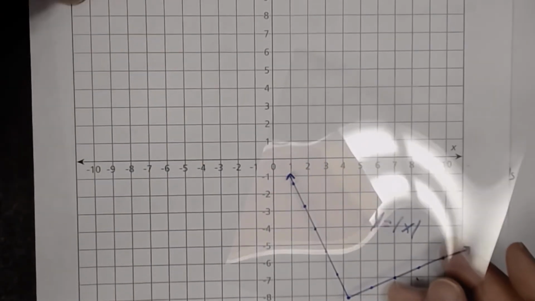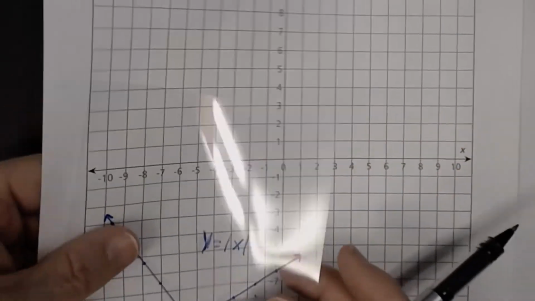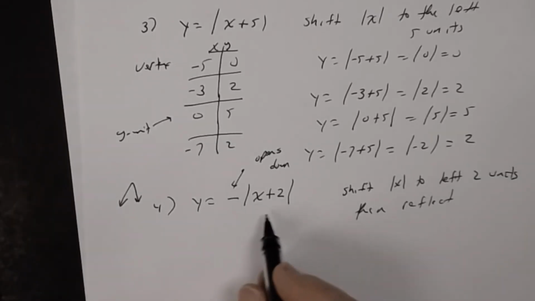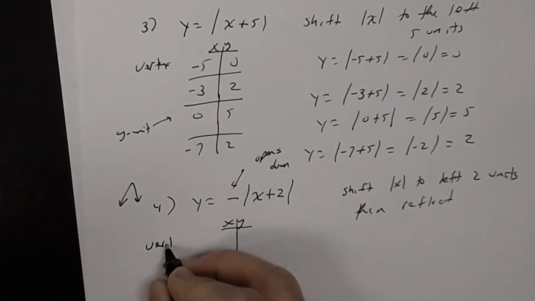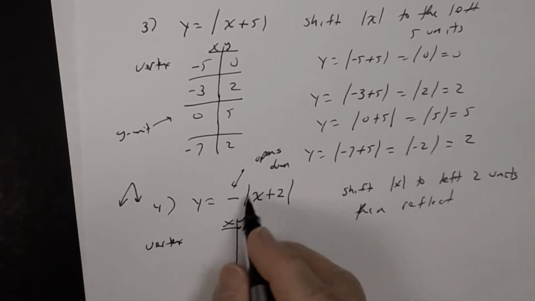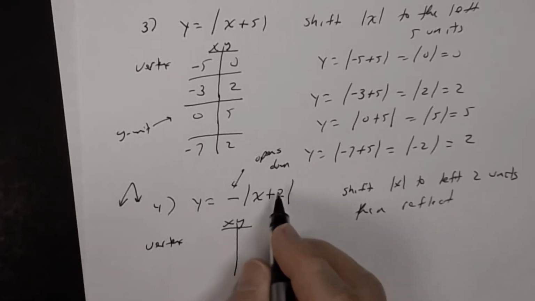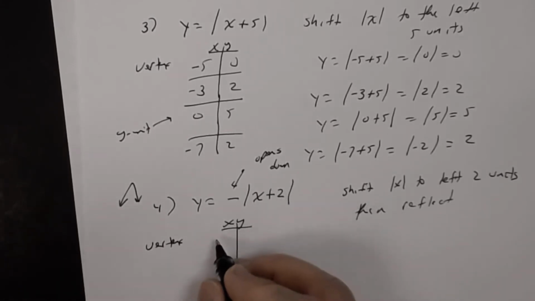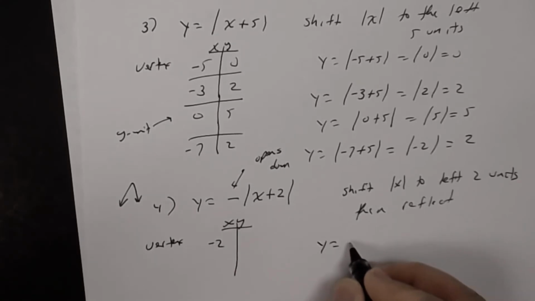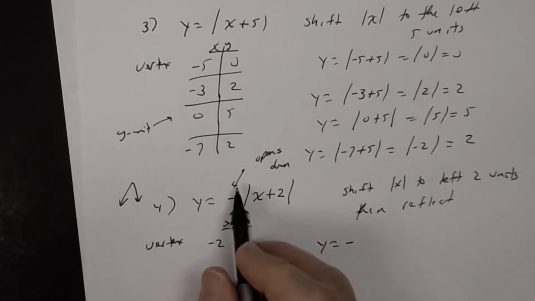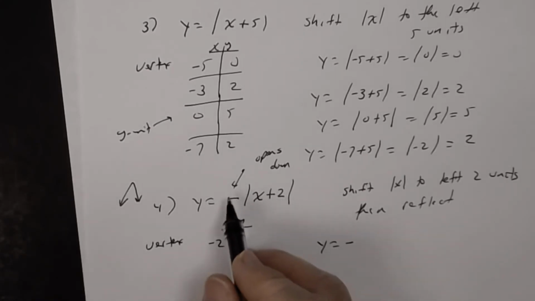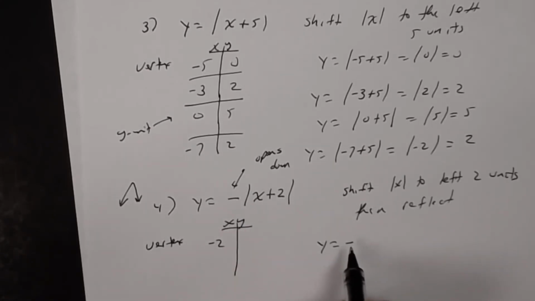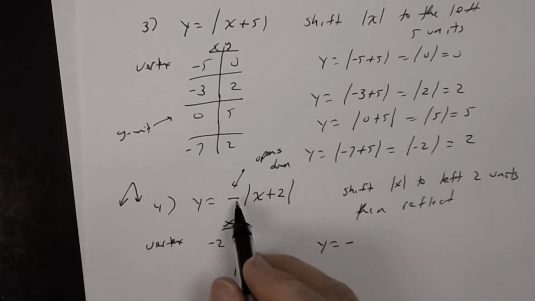So, first thing I do, when all you have is a vertical shift, a horizontal shift, is look at the vertex. So let's do a t-table. Your vertex is going to occur when x is what? Counterintuitive. When x is what? Negative 2. So I get y equals and now remember, in the previous lesson, instead of saying negative absolute value of x plus 2, think of this when we do the computation, the opposite.